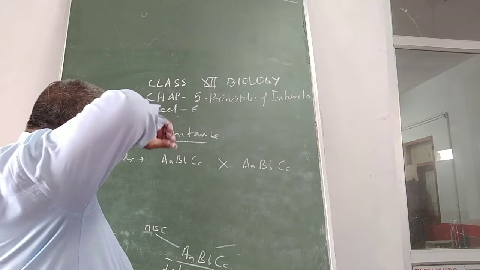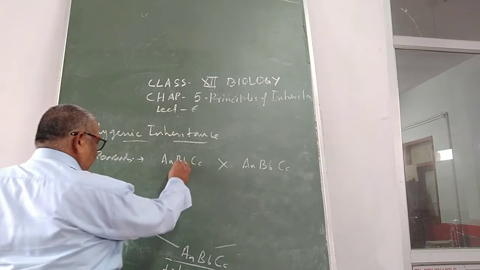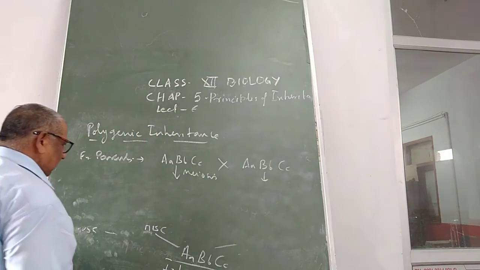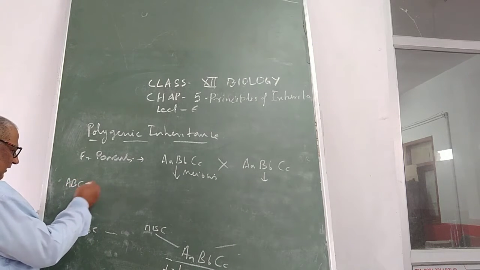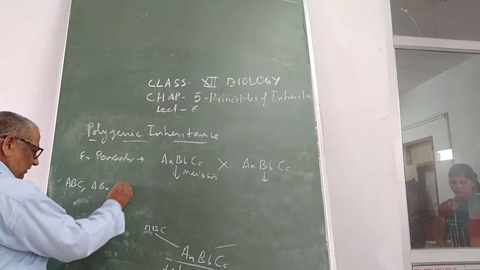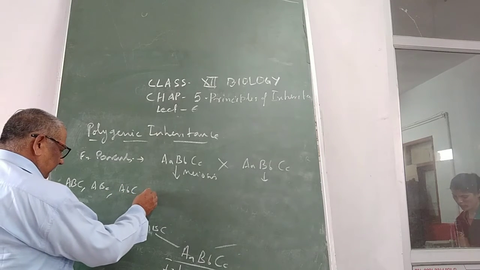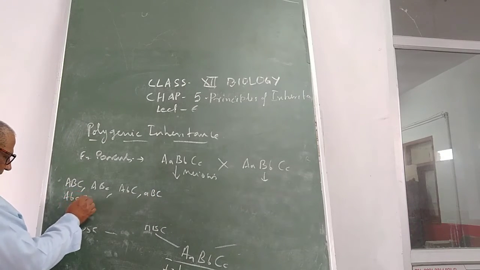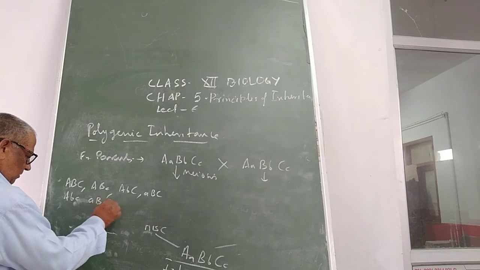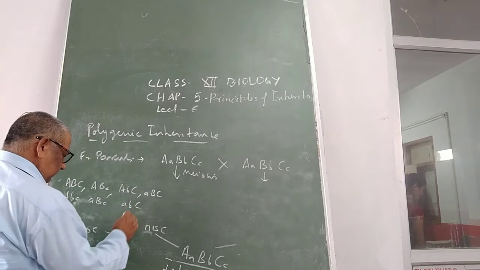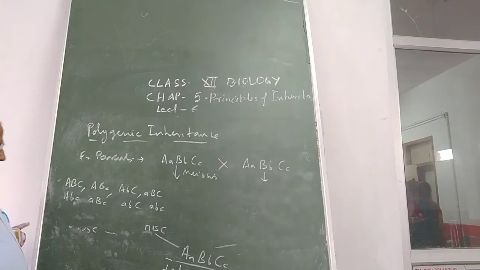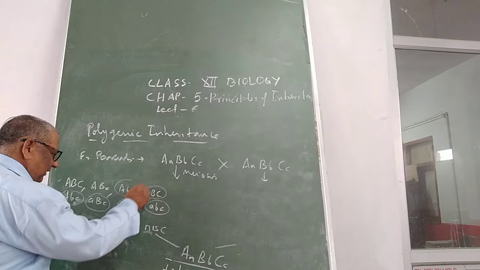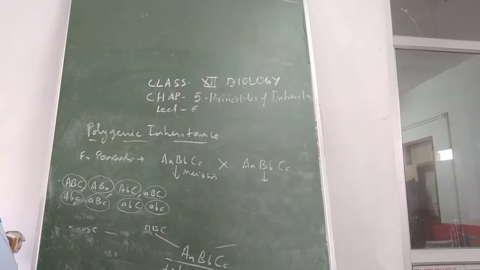Now they produce a type of individuals, or we can form the gametes. These gametes are ABC, ABc, and so on. Why are there eight types of gametes?